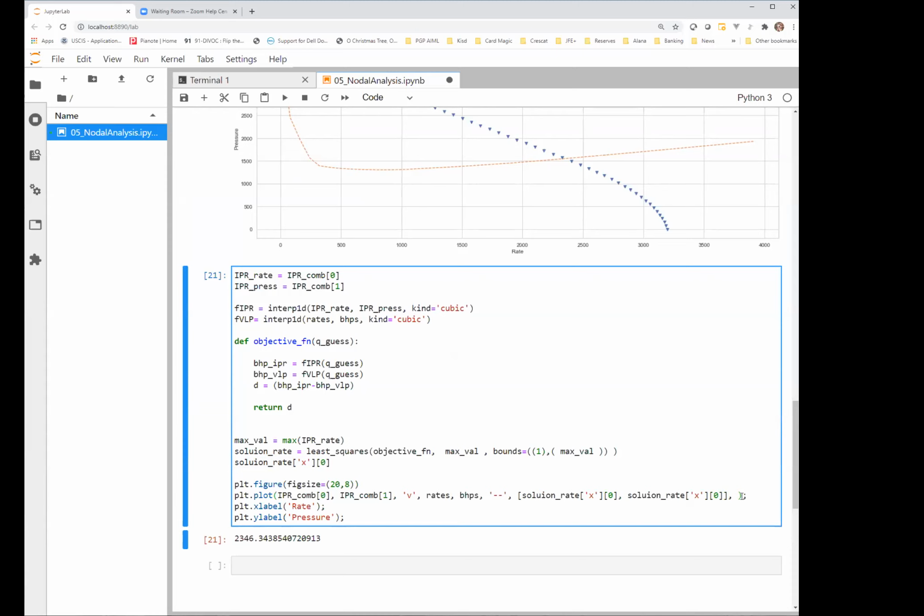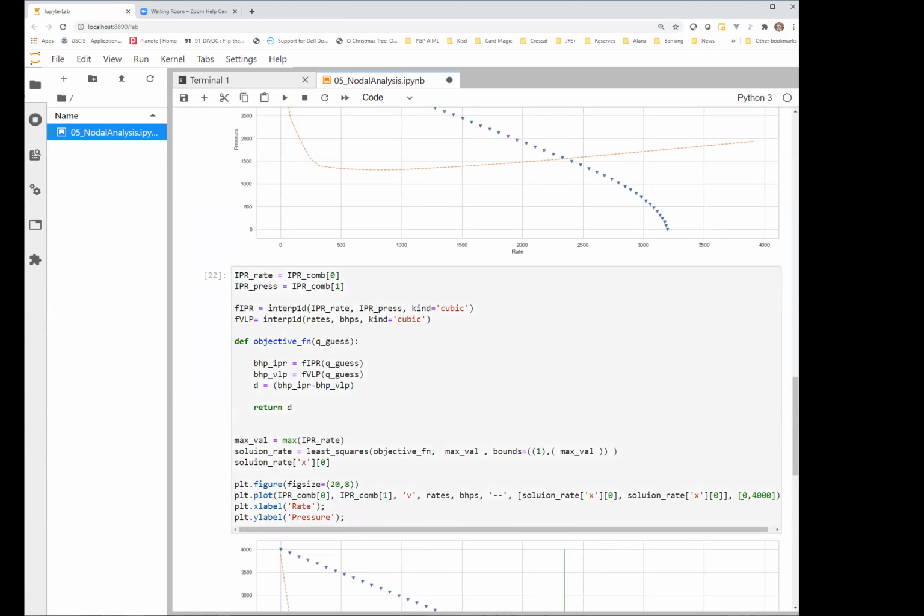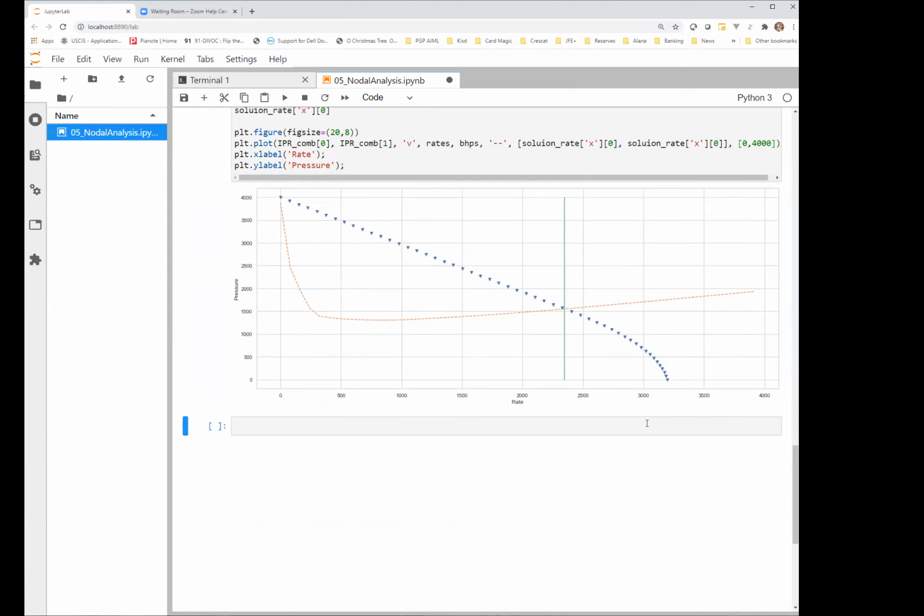And the dx value is going to be 0, 4000. There you go. Like this?